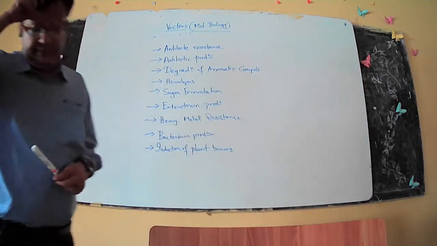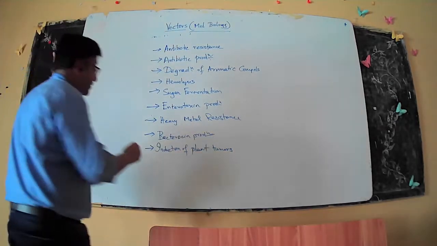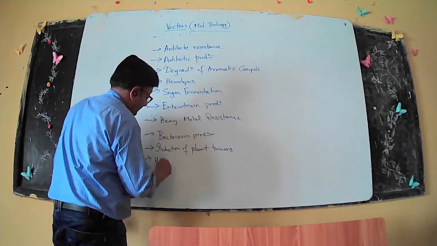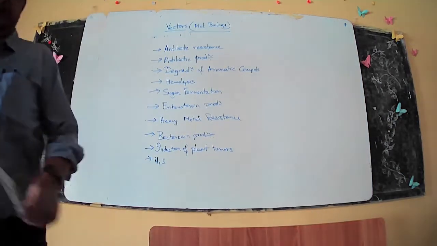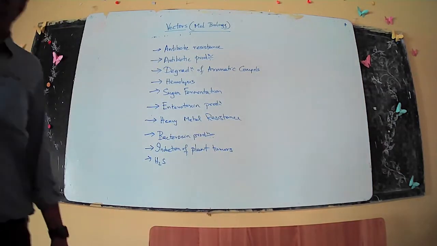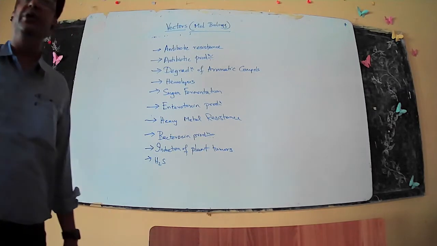Then hydrogen sulfide production, H2S production. You have them in hot thermal spring bacteria, sulfur producing bacteria.